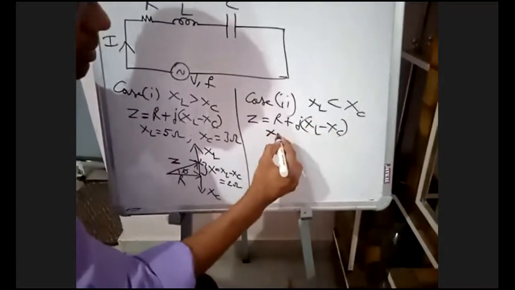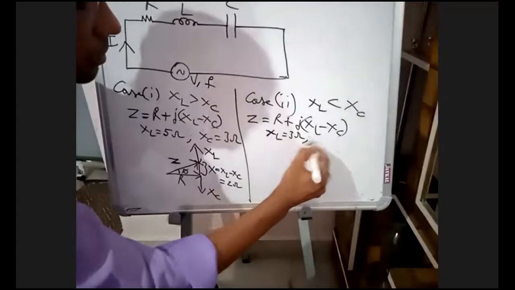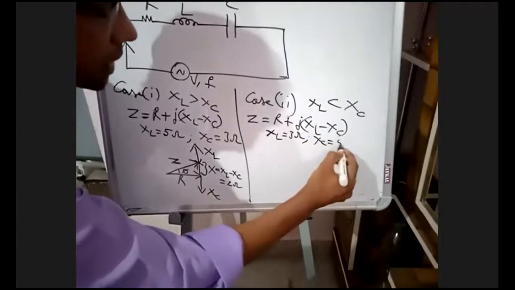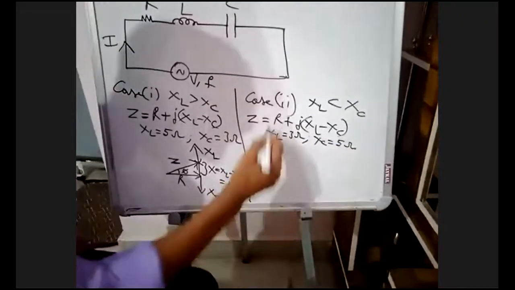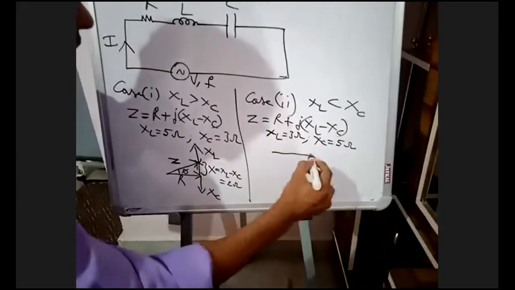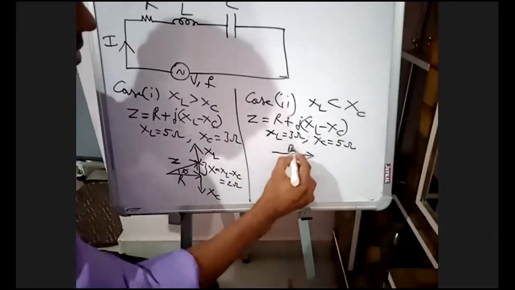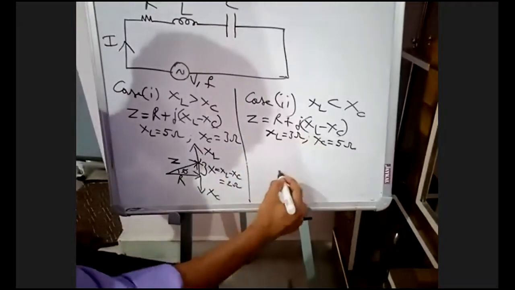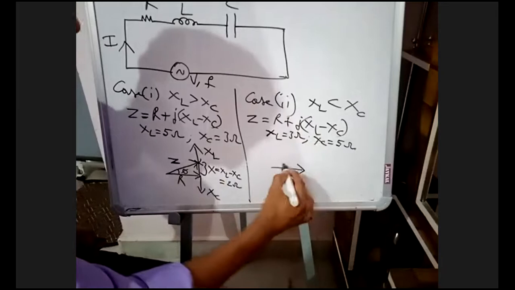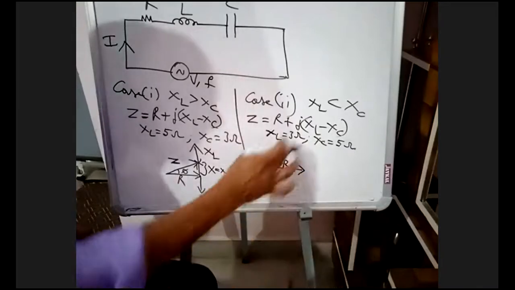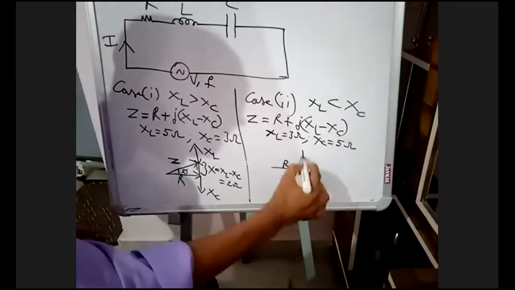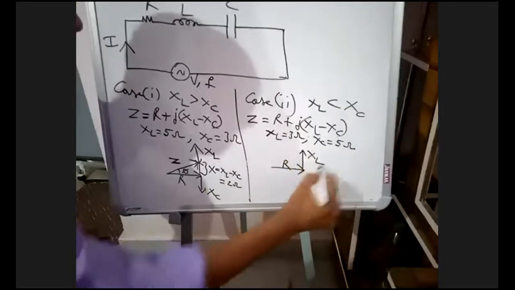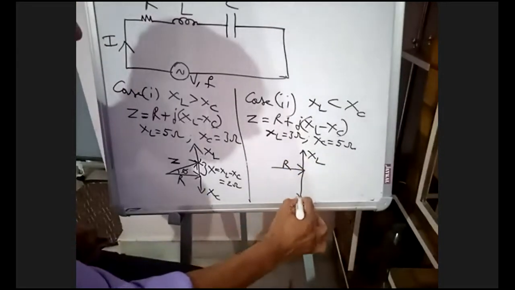XL is equal to 3 ohms and XC is equal to 5 ohms. Now R is taken on the X axis. XL is 3, XC is 5.